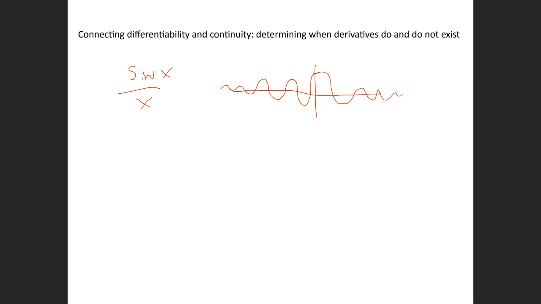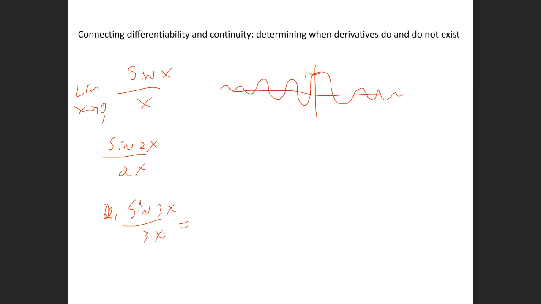Well, the sine of 2x over 2x, exactly the same graph. Sine of 3x over 3x, the same graph. So the limit as x approaches 0 of all of these graphs is going to be 1.